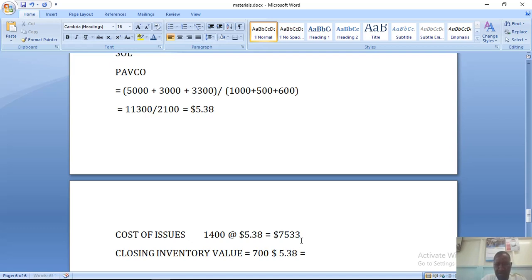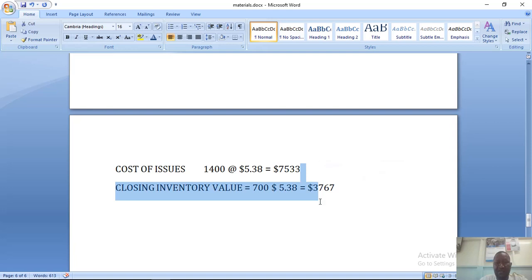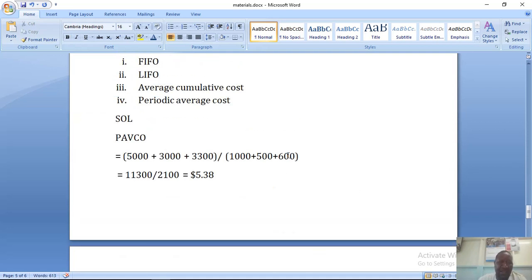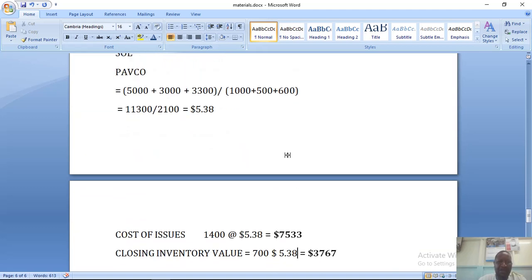So what's the total value of closing inventory? Tap that in the calculator, you have 3,767. 3,767 is the value of closing inventory. So closing inventory value, we have it there. Cost of issues value is there, and that's the periodic average cost method.